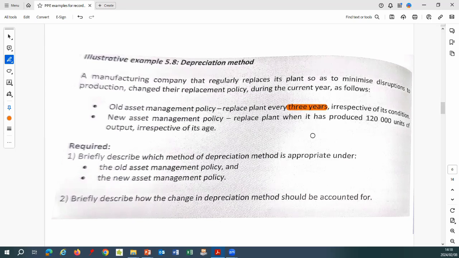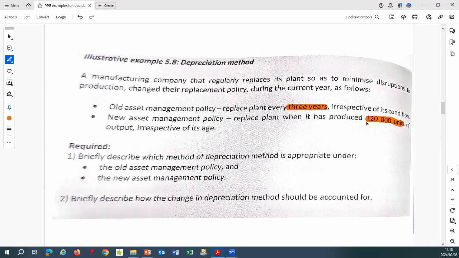Every 3 years, we're going to replace this plant. Whereas the new policy takes production into account and says that we'll do it over 120,000 units. That means that if we produce 120,000 units in the first 6 months, we're going to replace the plant.